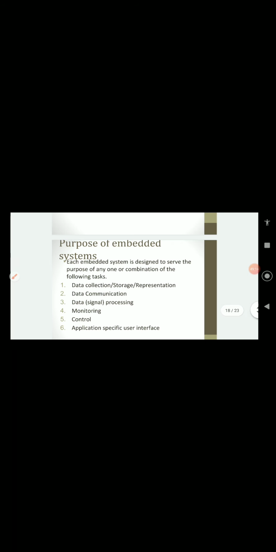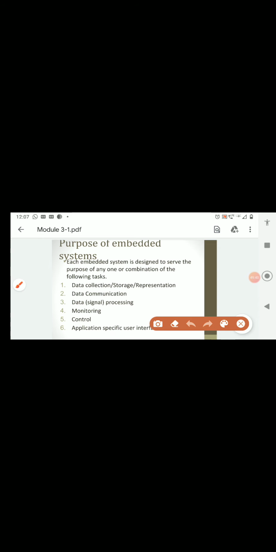Now we'll see the purpose of embedded systems. Below I have mentioned some of the tasks where embedded systems are widely used. An embedded system is designed to serve the purpose of any one or a combination of the following tasks.